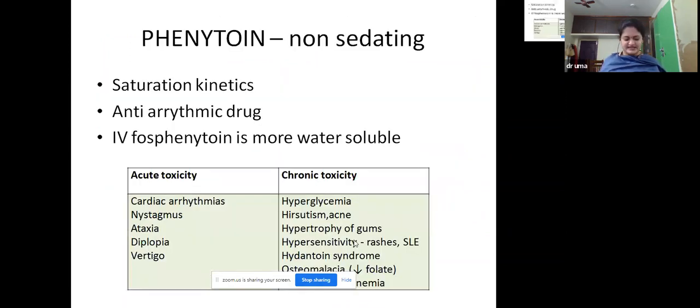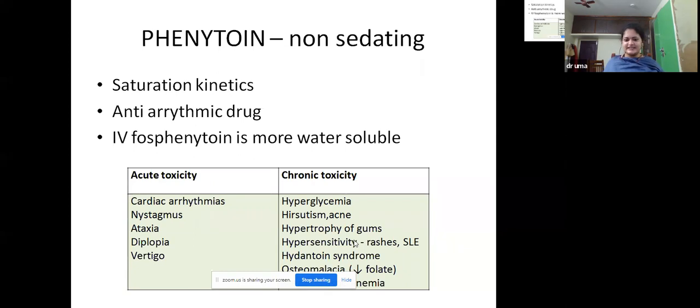And phenytoin is a drug which is non-sedating. It follows saturation kinetics. It is an antiarrhythmic drug also. IV fosphenytoin is more water soluble. Acute toxicity causes arrhythmias and cerebellar symptoms, that is nystagmus, ataxia, diplopia, and vertigo.